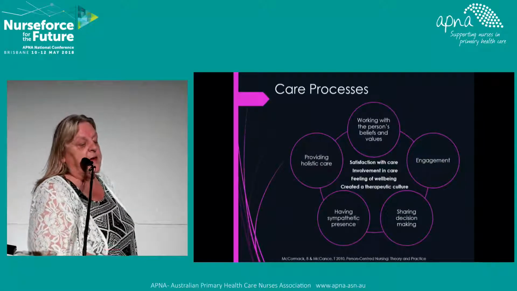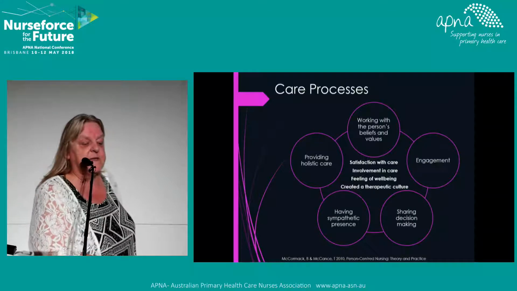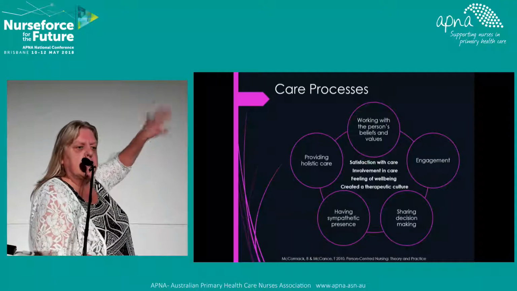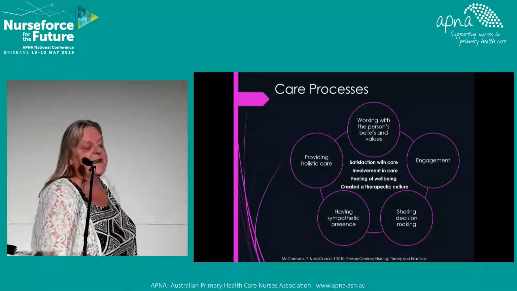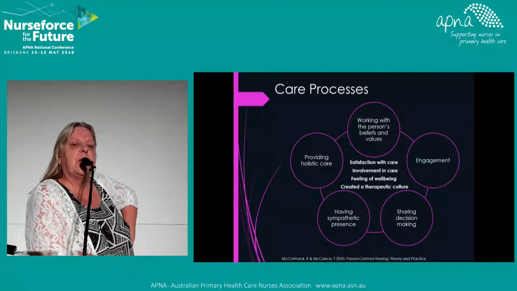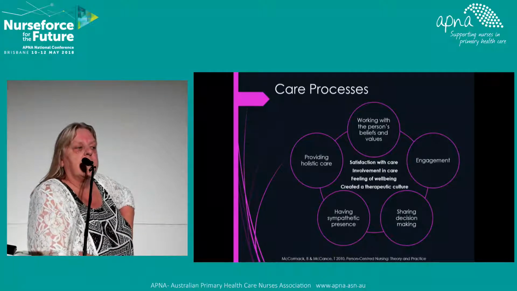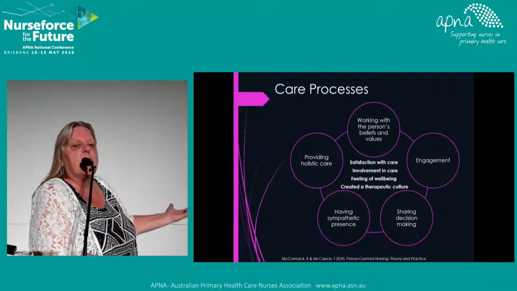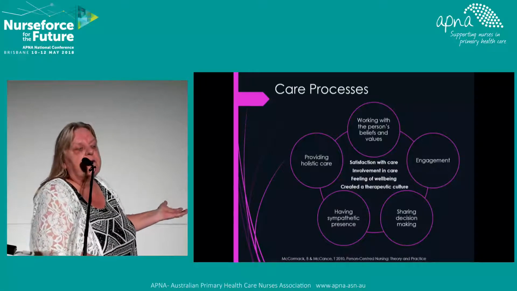So the care process itself, geez, it lost its animation. It was really nice. It was one little circle at a time, hey, so that we could see it. So the top one, working with the person's beliefs and values. We've talked about our own. Do we know what actually are the beliefs and values of the people that we're caring for?